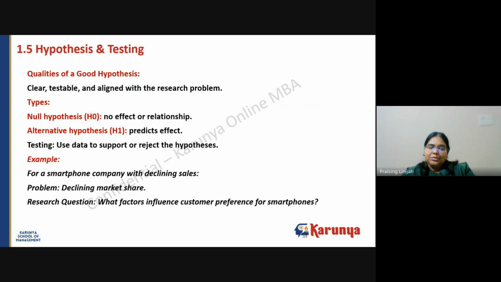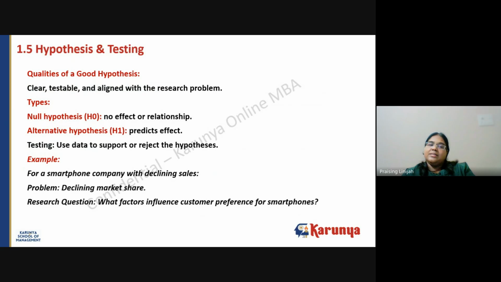So moving to the next phase, hypothetical statements. What does a hypothesis mean? It is an assumption statement. When we frame a hypothetical statement, there are certain principles you have to follow. A good hypothetical statement will be clear, testable, and fit the research problem.